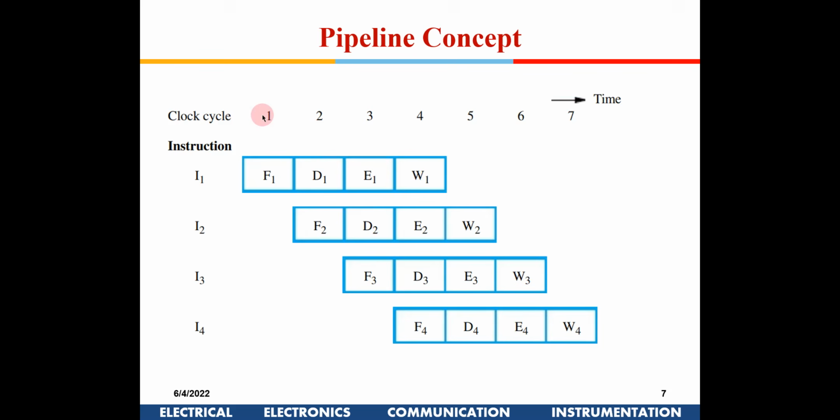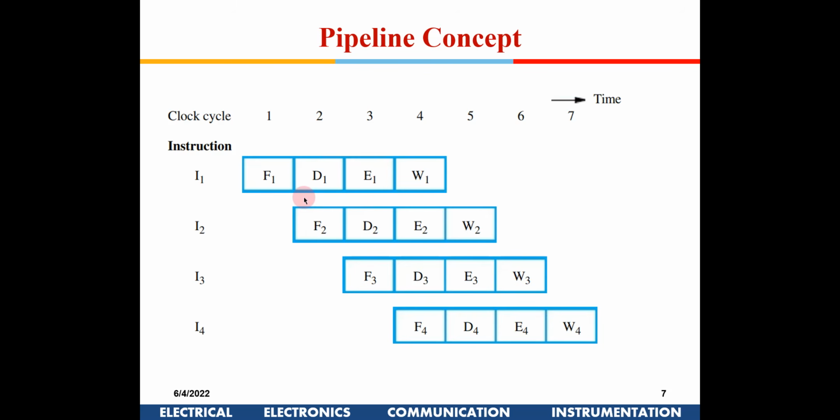Now, the same instruction has been divided into 4. You have a fetch, a decode, an execute, and then a write to the memory or to the register, right? So this is one instruction which is happening.